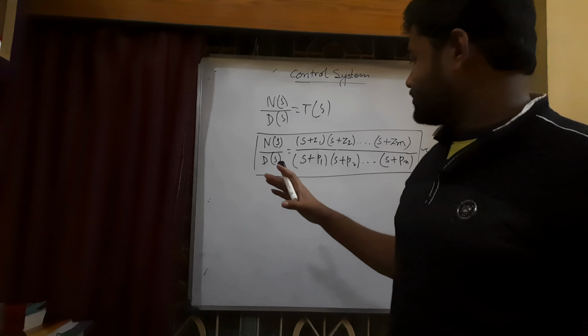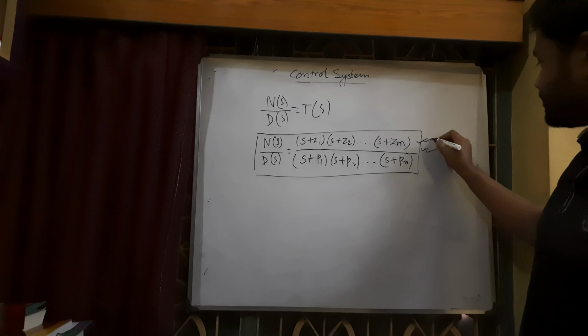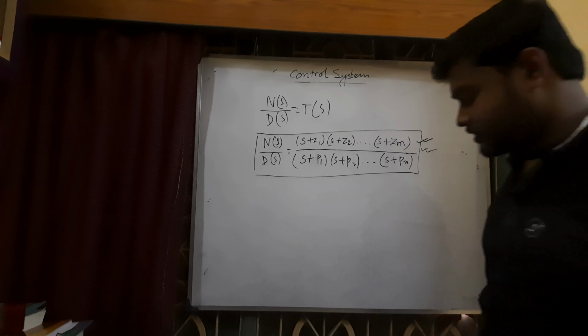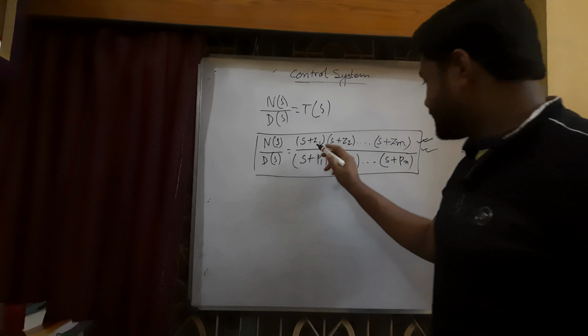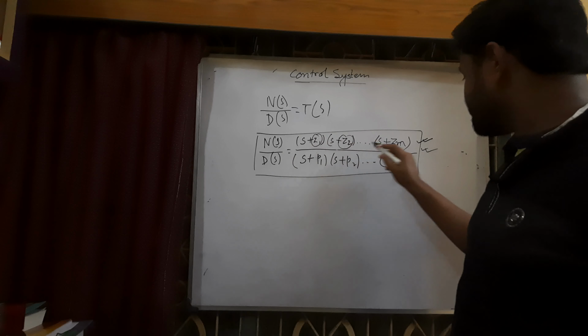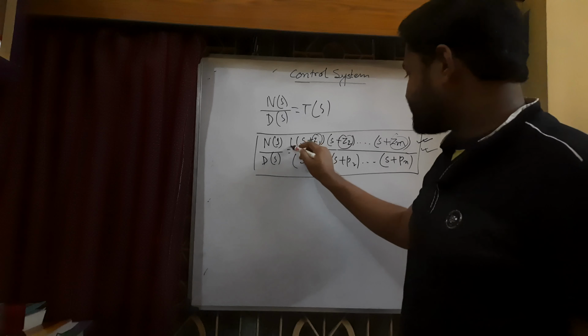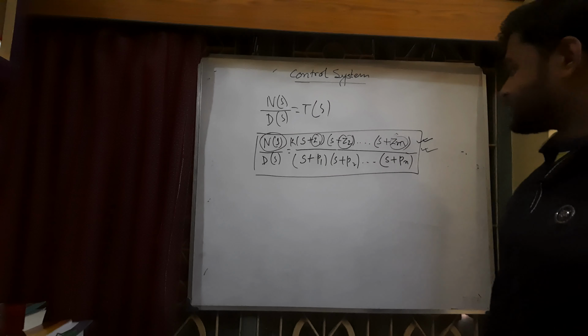The roots of the numerator polynomial, that means N(s), were called the zeros of the transfer function, because at these points, minus z1, minus z2, minus zm, the transfer function becomes 0 since N(s) becomes 0.